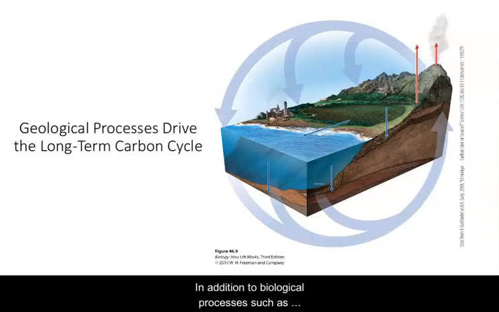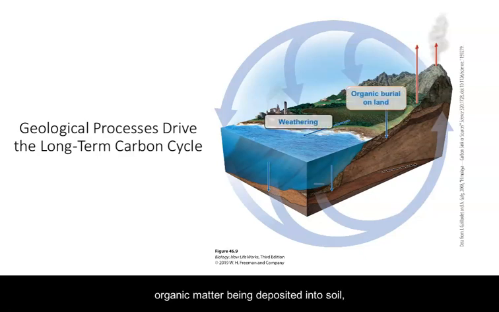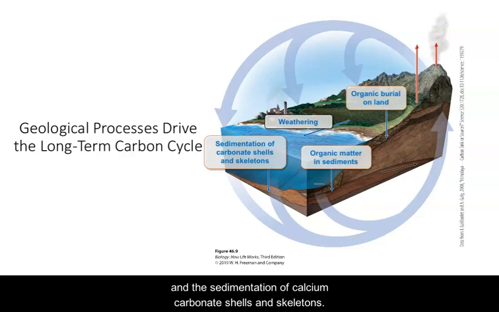In addition to biological processes such as photosynthesis, carbon dioxide is removed from the atmosphere by geologic processes that play key roles in the carbon cycle on the timescale of centuries or longer. These processes include chemical weathering of rocks, organic matter being deposited into soil, deposits of organic matter in sediments, and the sedimentation of calcium carbonate shells and skeletons.